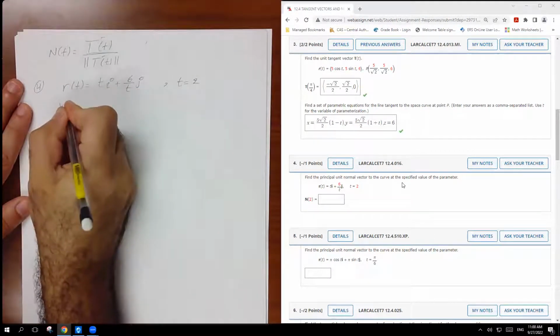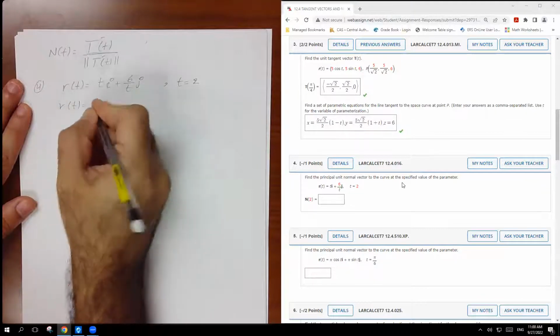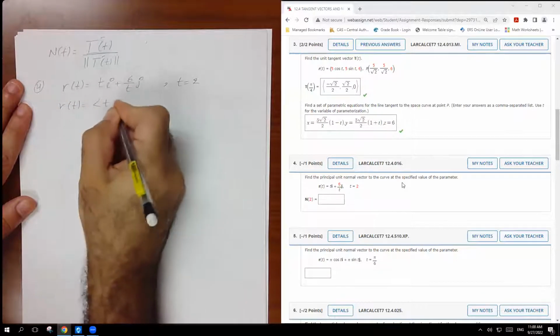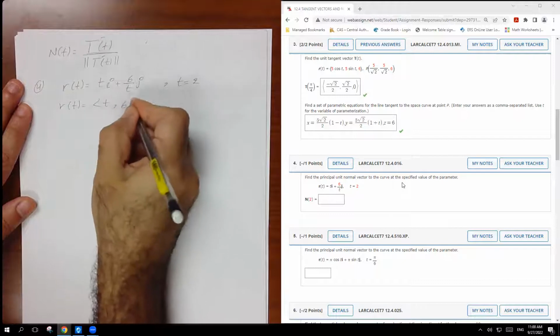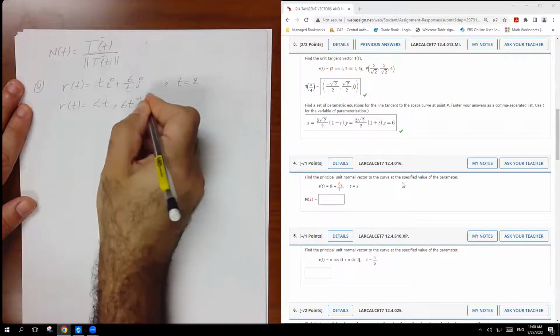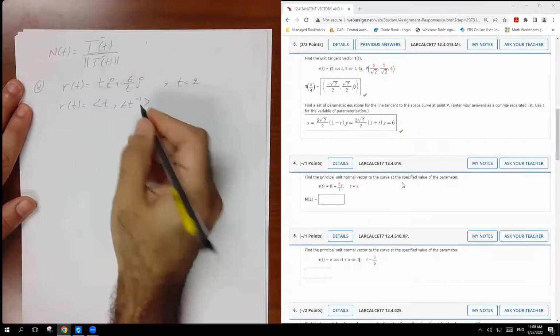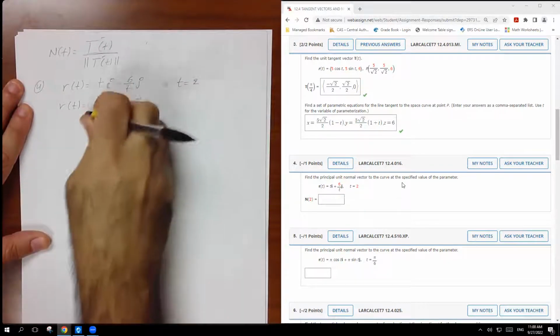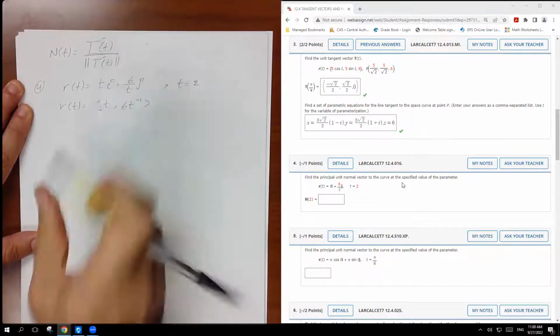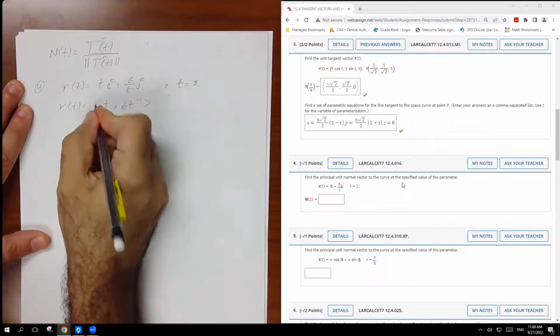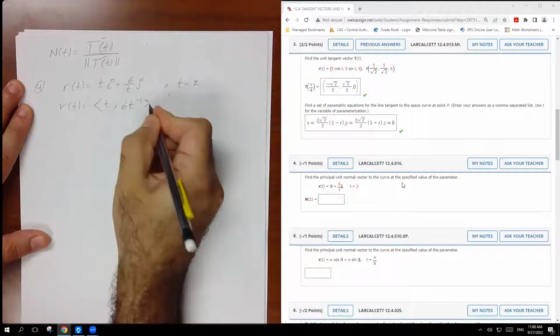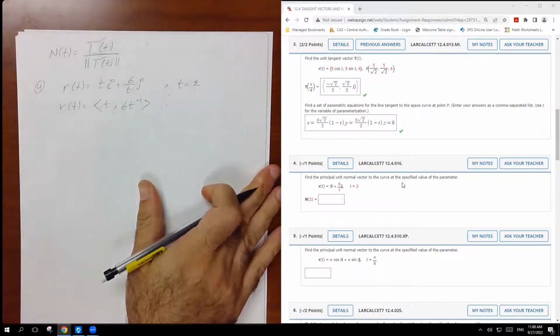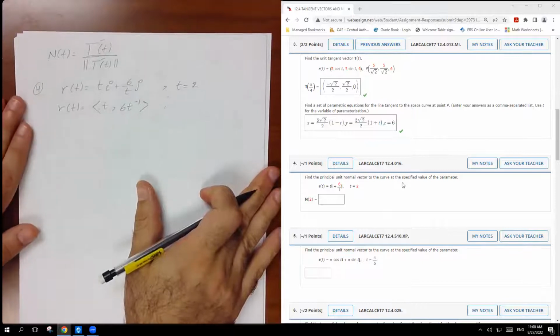If you want to solve this one, first of all, I'm going to write down the component form, which is t, and 6t to the negative 1, because this one is easier to find the derivative. Now the next step, I know it's a lot of steps.